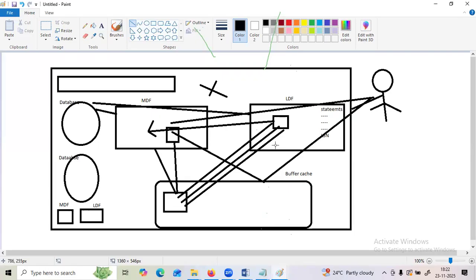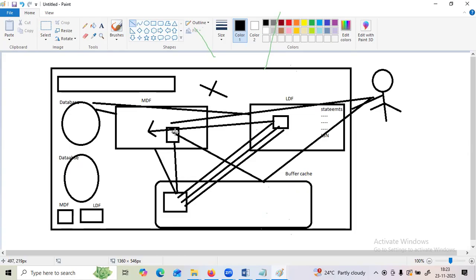Those transactions we call the active portion of the LDF. That is called an active transaction. Once the active transaction is committed in the buffer cache, in parallel the data will be committed here. For that committed transaction, the data will move from LDF to MDF, and the portion allocated in the LDF we can call the inactive portion, and the committed data will be moving here.